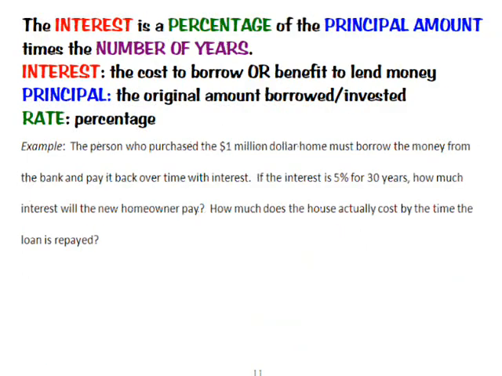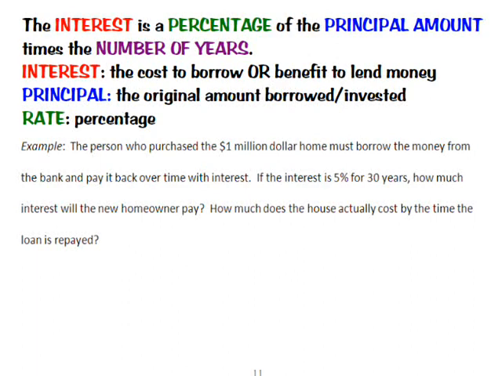Cha-ching! But let's talk about the people who are really making money from the sale of a $1 million home. They are the bank, the people who loan the money for the purchase of the home. The money they make is called interest. And I imagine that these are a lot of new terms for you, so please take a moment and write them down.